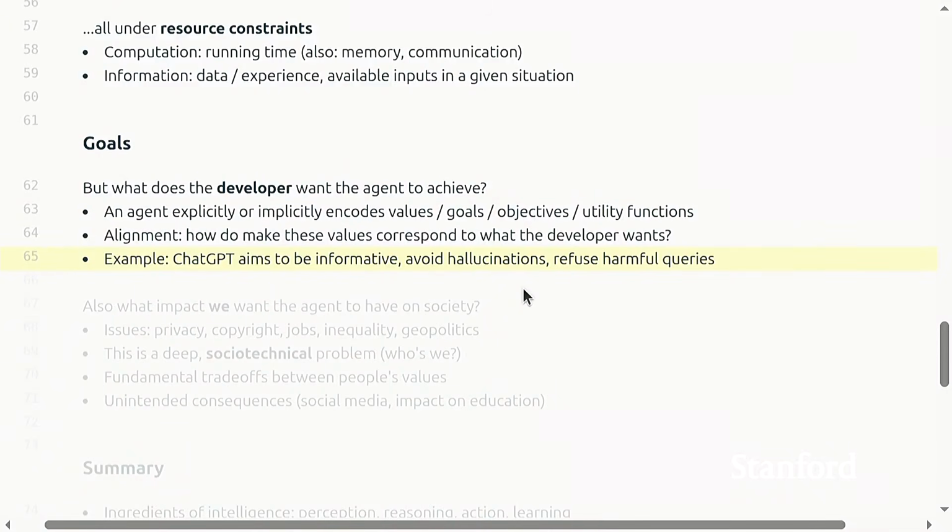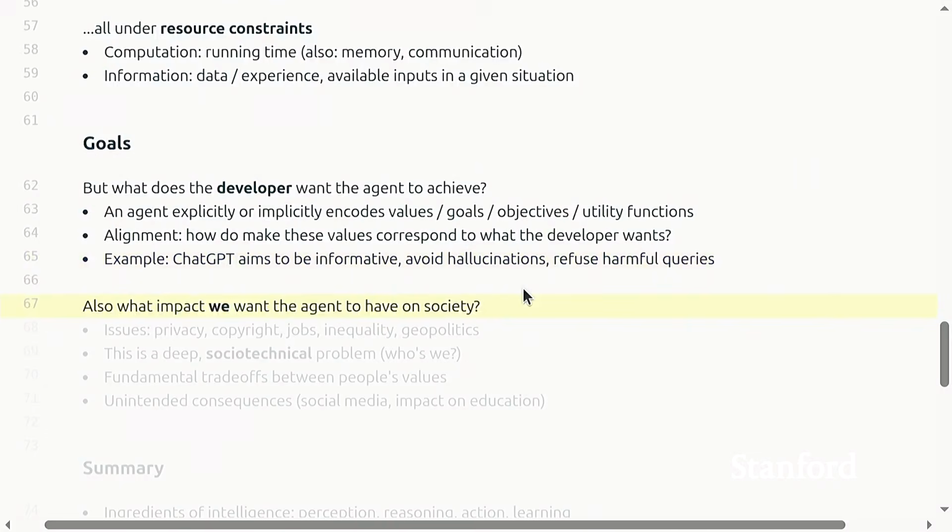That is a certain value that the developer is trying to instill in the agent. Whether that alignment procedure is successful is another question. Sometimes you'll see examples of misalignment where, despite the developer's best intentions, the AI does something unintended.